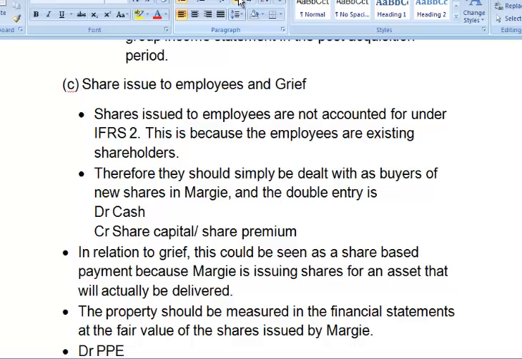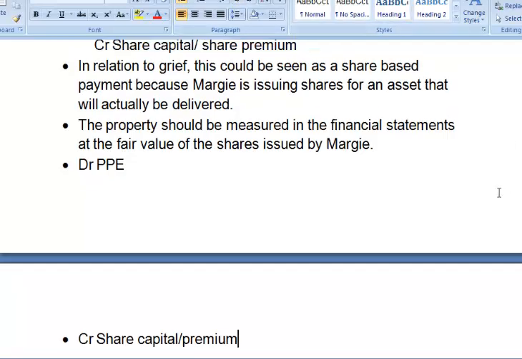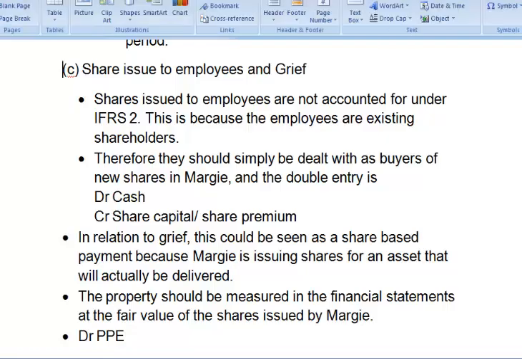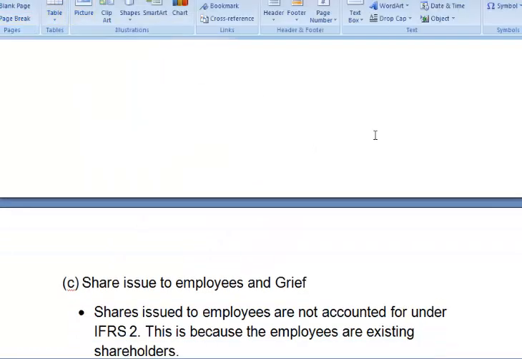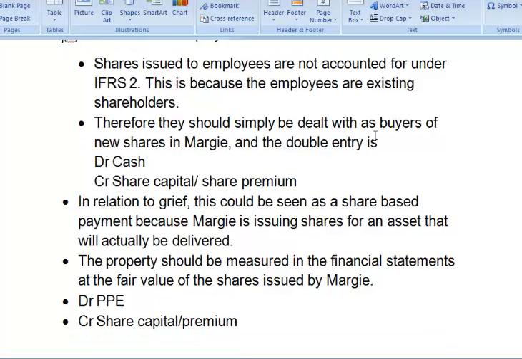We're going to debit PPE and credit share capital stroke premium. So that's part C.